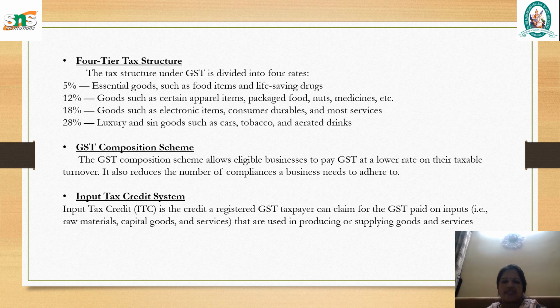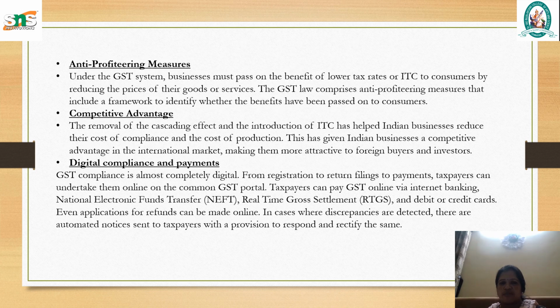Then input tax credit, ITC, is a credit that registered GST taxpayers can claim for the GST paid on inputs like raw material, capital goods and services that are used in producing or supplying goods and services. It is used for business payers.